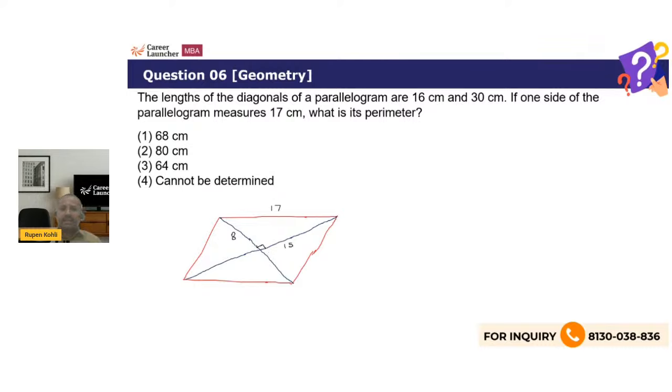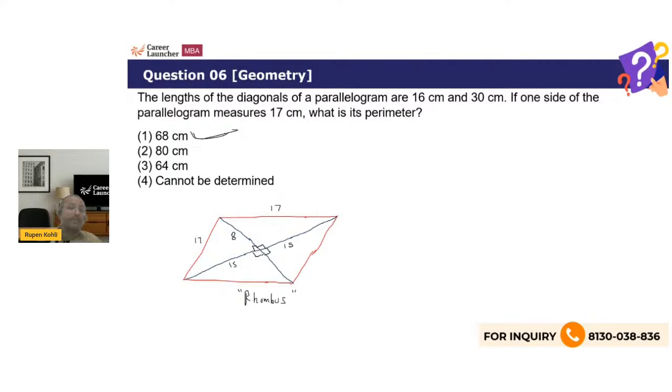If this is 90, this is also 90, this is also 90. So therefore, this parallelogram is essentially a specific case, it's a rhombus, right? The same logic will continue, and if this is 15, this is 8, this is 17, all the sides are 17 each. It's a rhombus, and 17 into 4, 68, done.